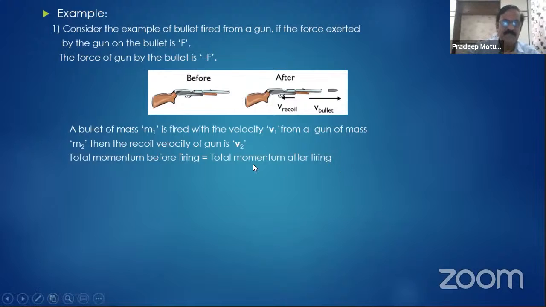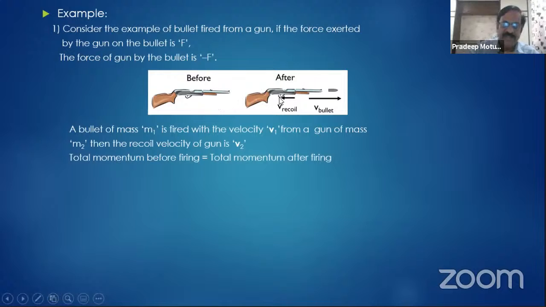This is the best example of the law of conservation of momentum. Here, there is a gun, and a bullet is inserted in it. At the beginning, both are at rest. That is, the gun's initial velocity is 0 and the bullet's initial velocity is 0.